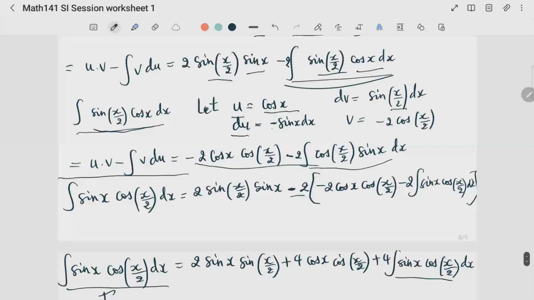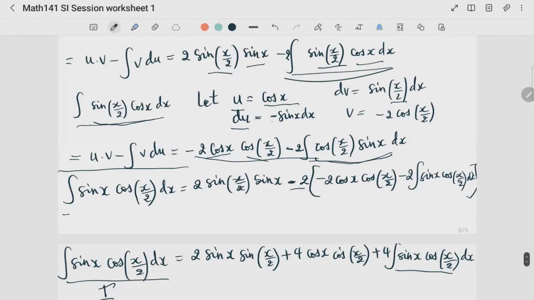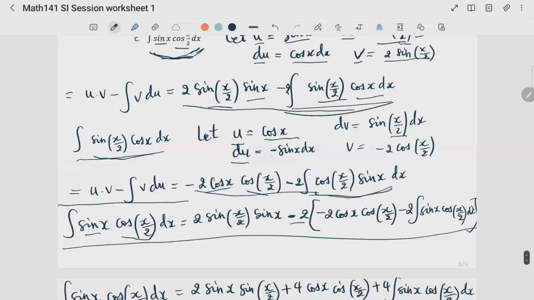Now when we rewrite it all onto one line, originally we had to evaluate the integral of sine x times cos x over 2 dx, and we found this first part here. That would be 2 sine x over 2 times sine x minus 2 times this integral, which we just found to be this entire thing here.